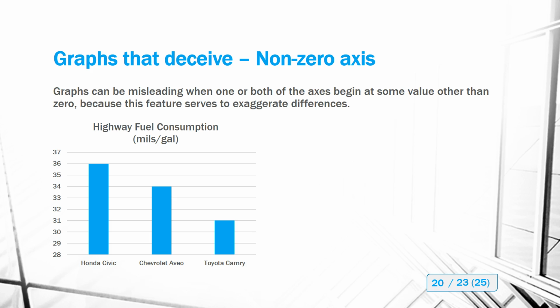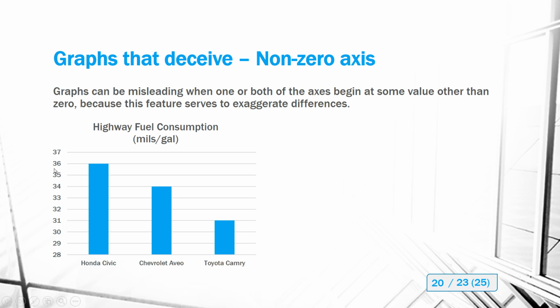Take, for example, 3 models of automobiles shown here in the histogram on the bottom. We're looking at highway fuel consumption in miles per gallon. Admittedly, look at the values for each of these models. Honda Civic on average 36, Chevy Aveo 34, Toyota Camry 31.